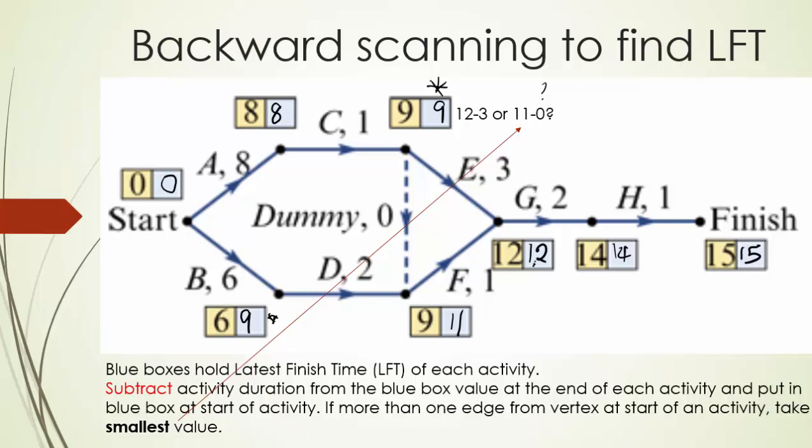And what that's told us is, first of all, that there's some float here and here. Secondly, that the critical path is where there is no float, which means 8, 8, 9, 9, 12, 12, 14, 14, 15, 15. That will be the critical path.